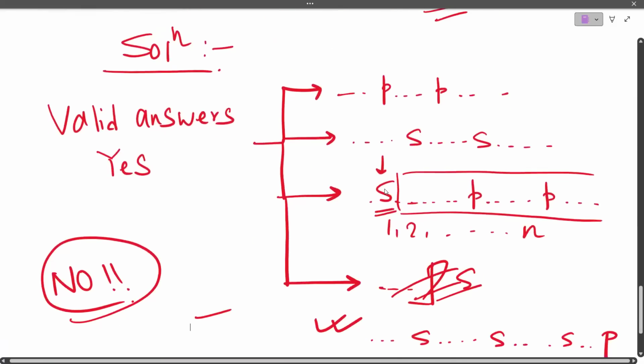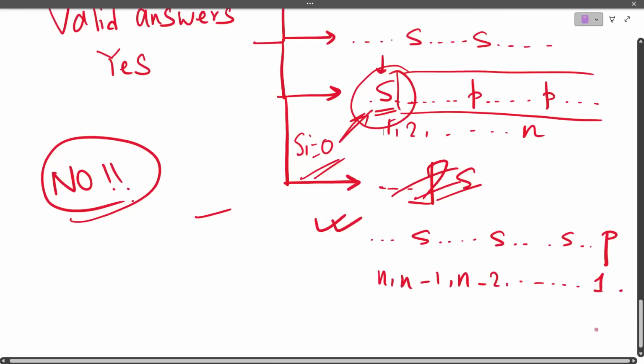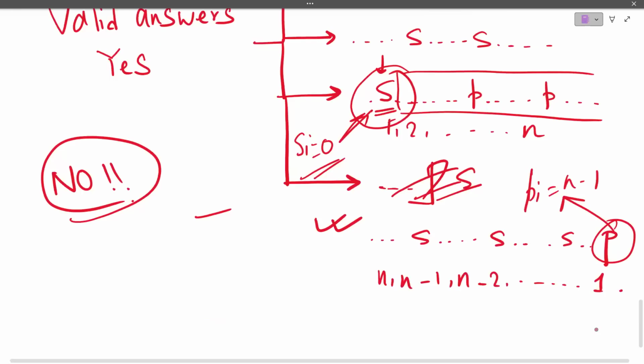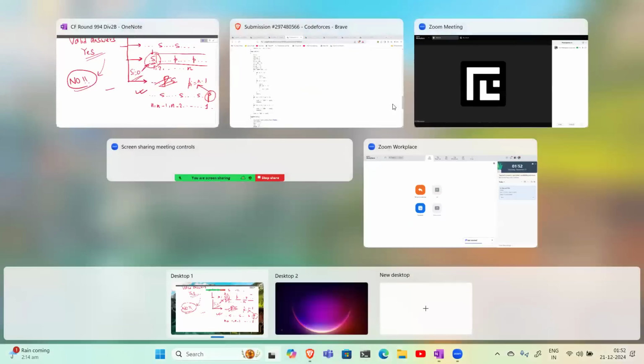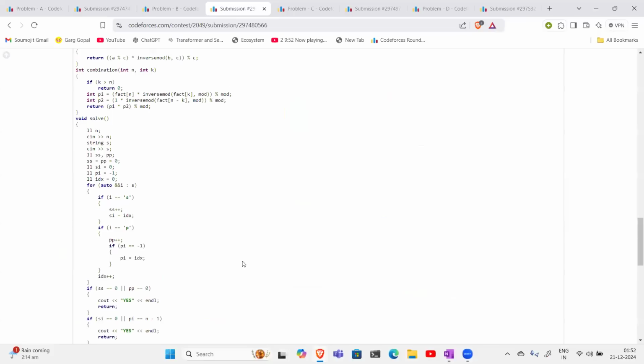If s comes before, that is the si equal to 0 case, or p comes after, that is the pi equals n minus 1 case, we print yes, and no in others. So that is what the code implements. The idea is very clean and can be implemented easily.